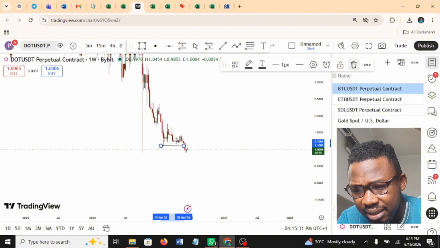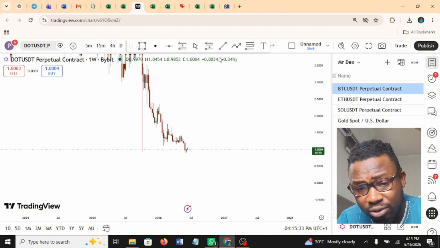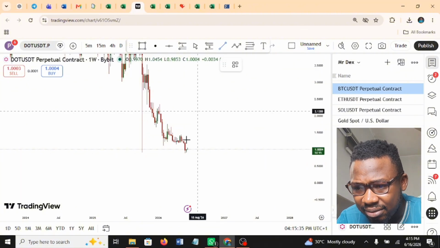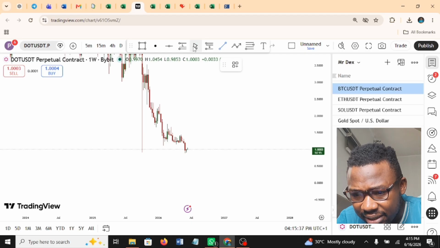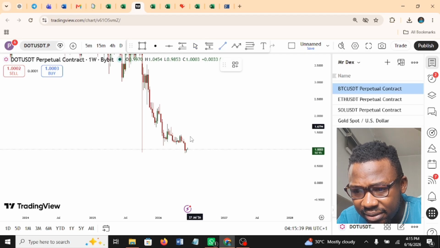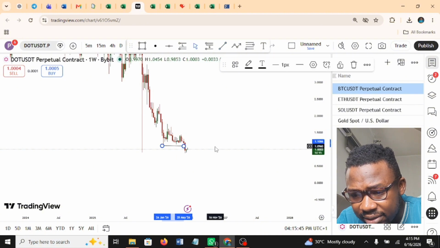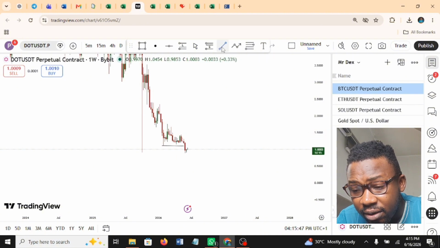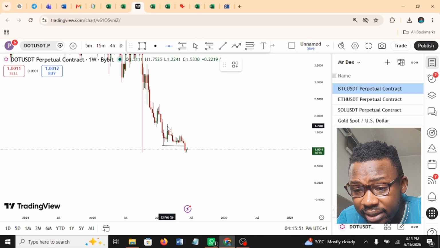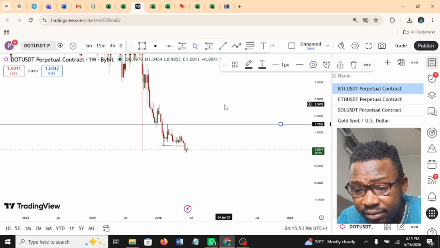Guys, you have to draw your lines very neatly. Now this is it here. We have a break of structure to the downside. All right, so we have this swing high at this level.